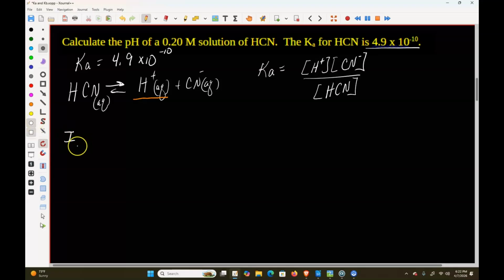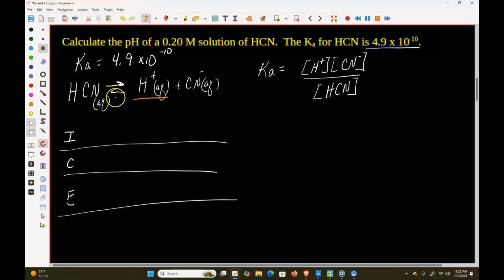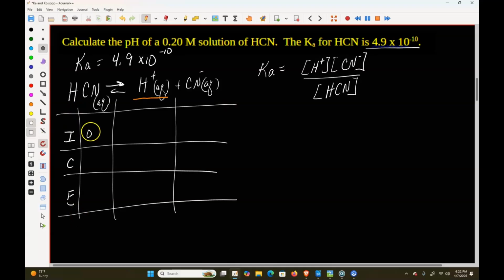Okay, let's do our ICE table. Initially I have 0.2, 0 and 0, minus x, because I have the same coefficient in this equation, plus x and plus x. So this will be 0.2 minus x, x, and x.